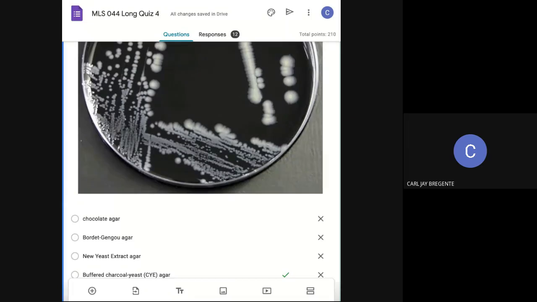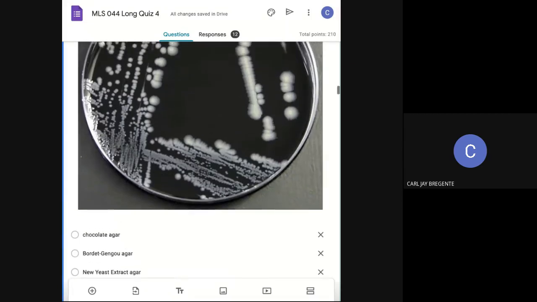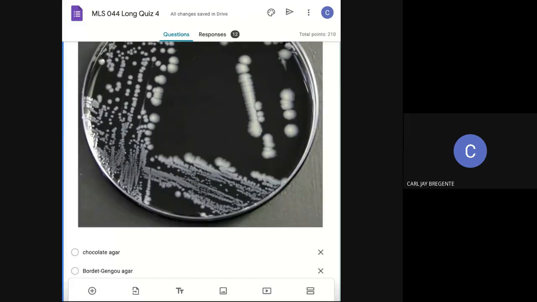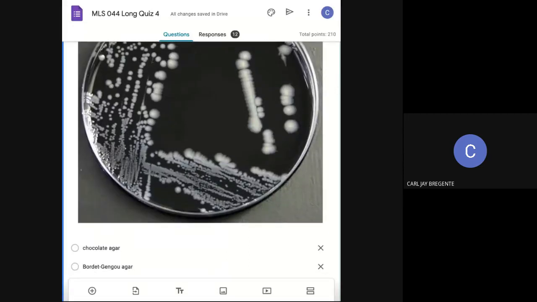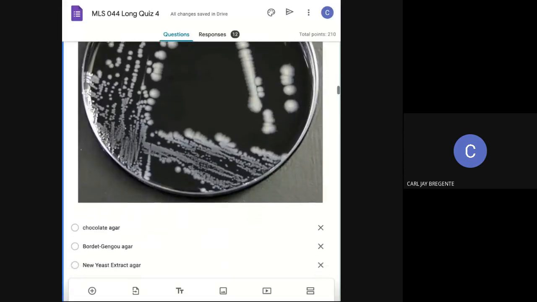BCYE agar takes 2 to 3 days before Legionella pneumophila grows. The culture must be complemented with serologic testing as well as direct fluorescence assay to confirm the growth of the organism, since Legionella pneumophila is a slow grower.